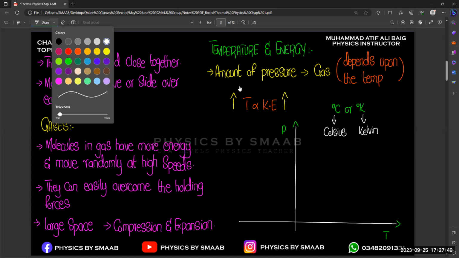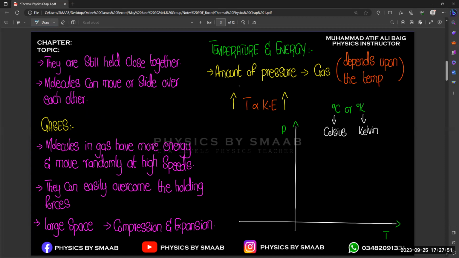And if we talk about the numbers, if we consider 0 degrees Kelvin, actually 0 Kelvin is equal to minus 273 Celsius, right?